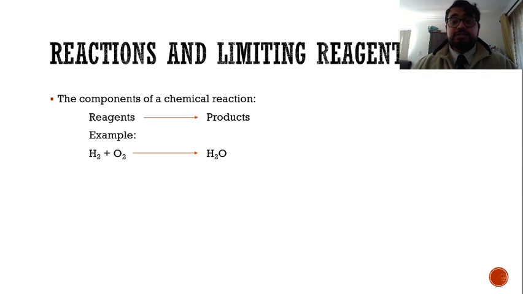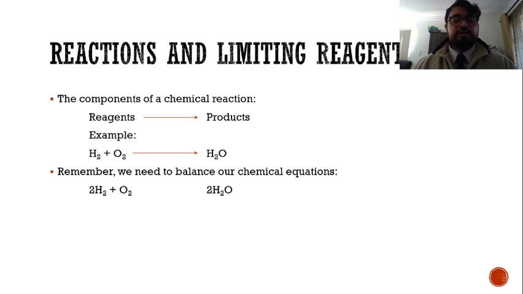So we have to balance our chemical reaction equation. What we do is we put a 2 in front of our water so that the 2 is distributed to the hydrogen and the oxygen. That gives us 4 hydrogen and 2 oxygen on our product side. And we put a 2 in front of our hydrogen on our reagent side to give us 4 hydrogen.